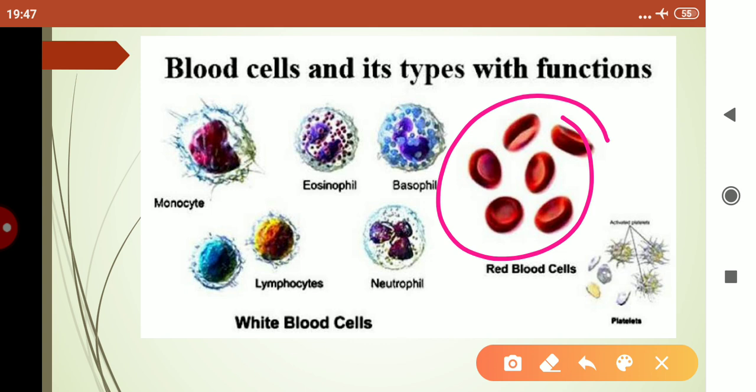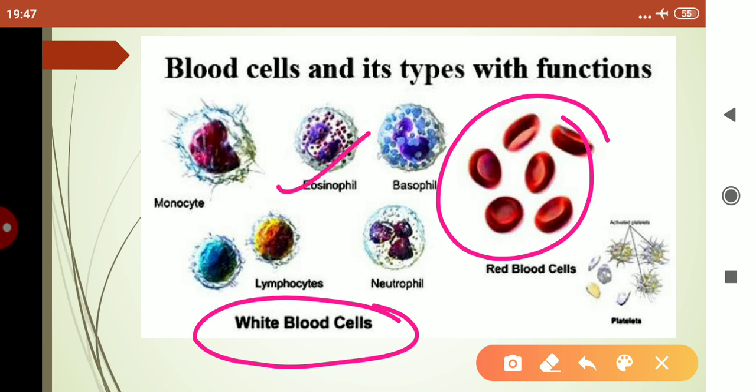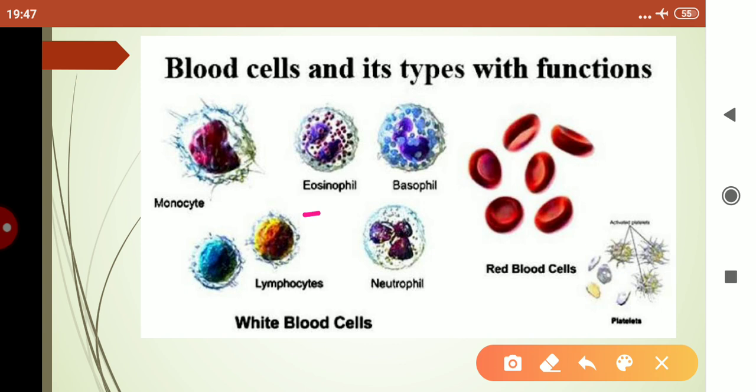The second type of cells present in the blood is white blood cells or WBCs. Here you can see the various types of WBCs: eosinophil, basophil and neutrophils. Children, you can clearly see in eosinophil, basophil and neutrophil that a few granules can be seen.